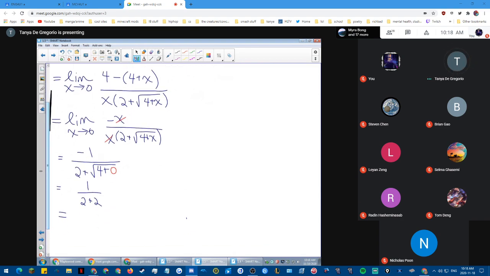Yes, very good. And here I have negative 1 over 2 plus radical 4, over radical 4 plus 0, and so I have negative 1. Beautiful. So now really emphasize why it's important to have those brackets, right? Very good.